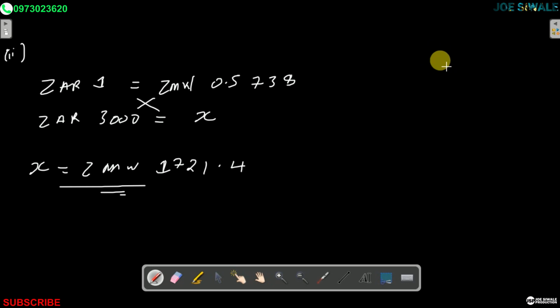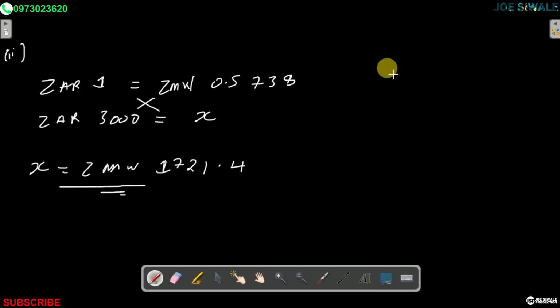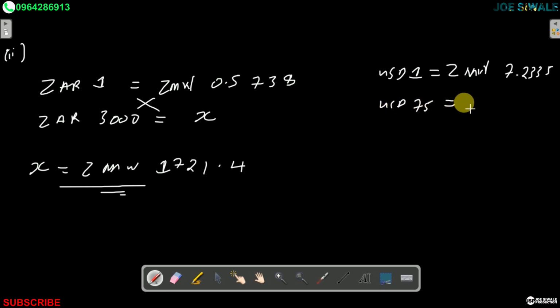Then also if we return with 75 US dollars, we're going to say $1 US is equal to 7.2335. What about if we return with 75 US dollars? How much are we going to have in Zambian kwacha?